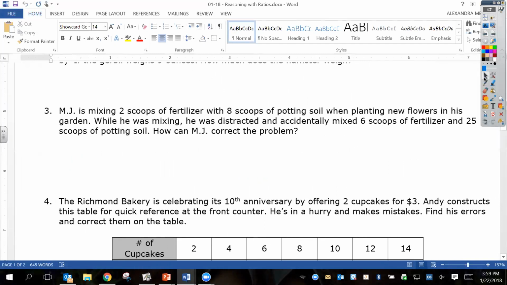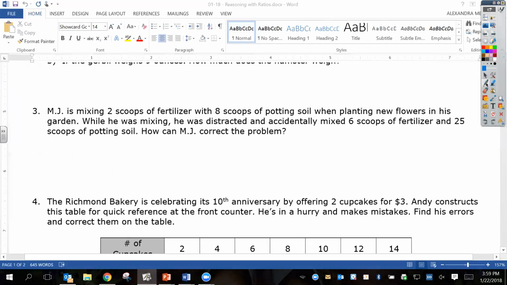Number 3, this was a very fun one to talk about in class today. So it says MJ is mixing 2 scoops of fertilizer with 8 scoops of potting soil. I'm going to write that ratio down right now. 2 fertilizer to 8 potting soil when planting new flowers in his garden.